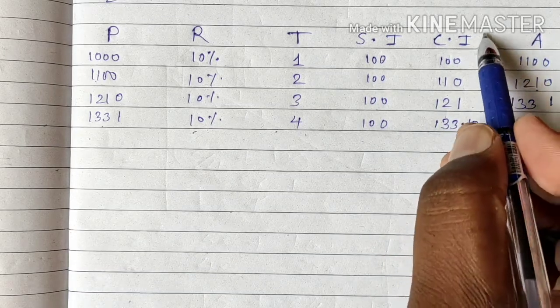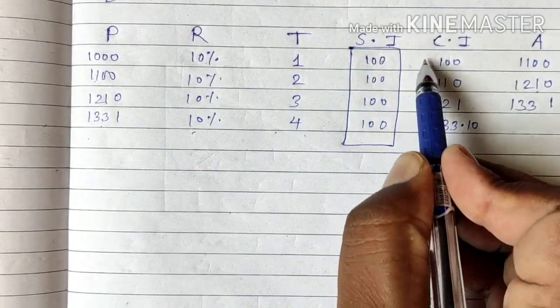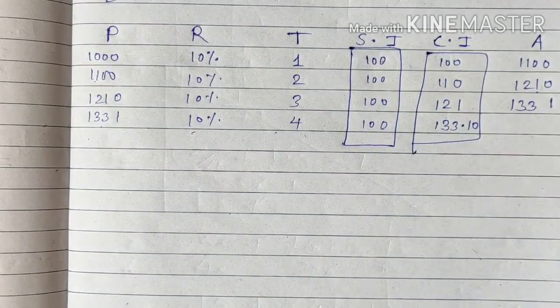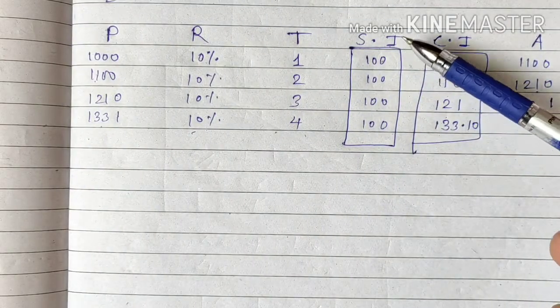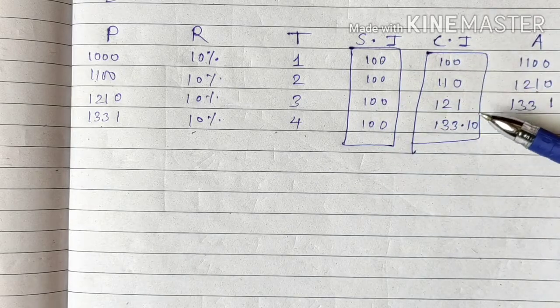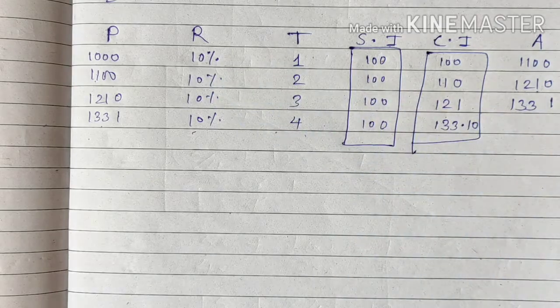So like this, if we observe the two columns, simple interest and compound interest, we can understand that every year the simple interest remains constant, but the compound interest goes on increasing as the number of years increases. Is that understood, everyone? So that is the major difference between compound interest and simple interest. Okay.